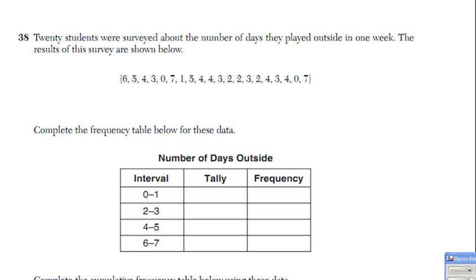Alright, now number 38. We just have to put up the tally, and let's just count one at a time. 6 goes right here. 5, 4, so here 3, 0, 7, 1, 5, 4, 4, and then 3, 2, 2, 3, 2, 4, 3, 4, 0, 7.